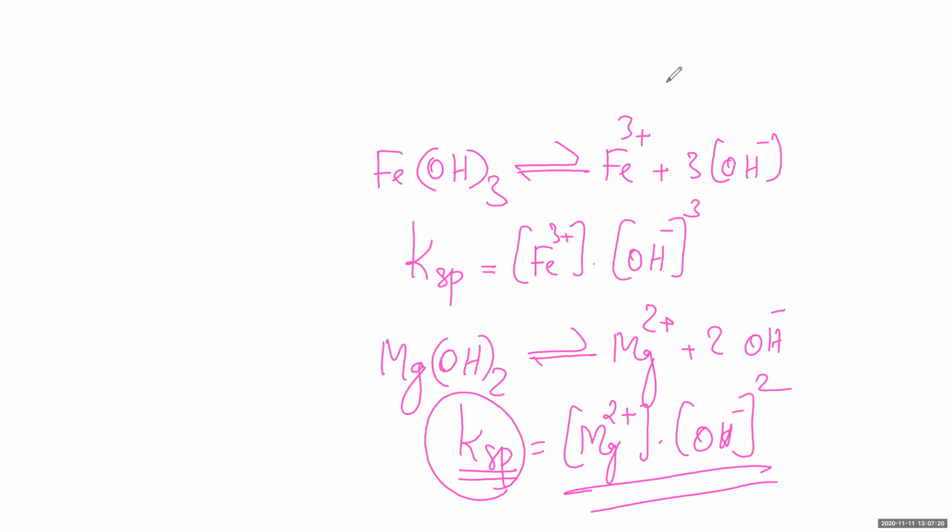So to maintain the solubility product as a constant, if the ionic product increases, then precipitation of the solute begins.